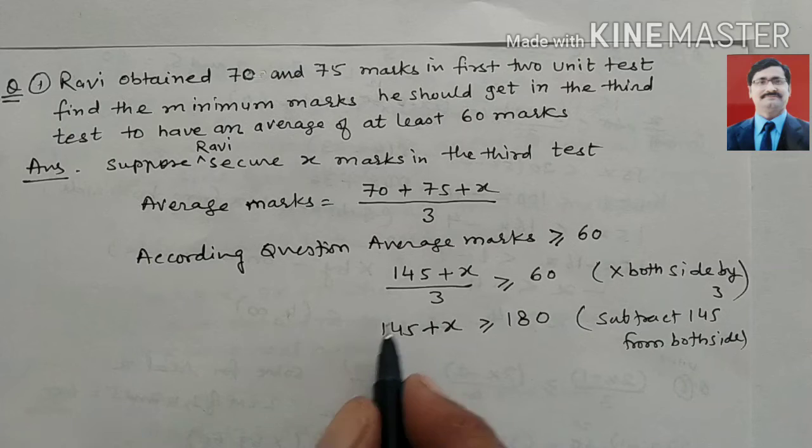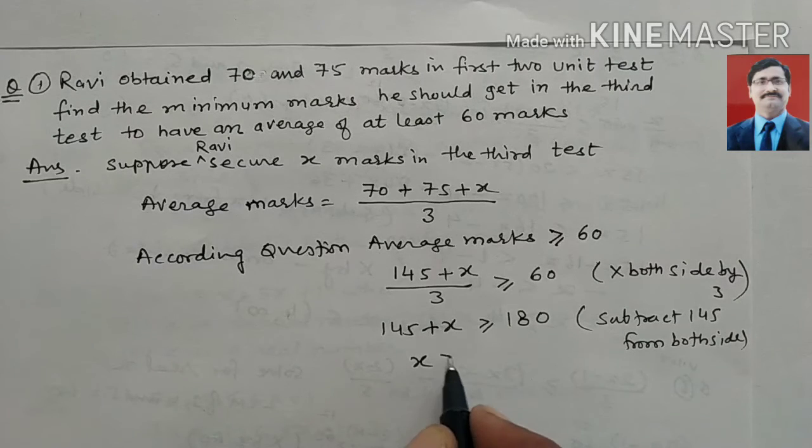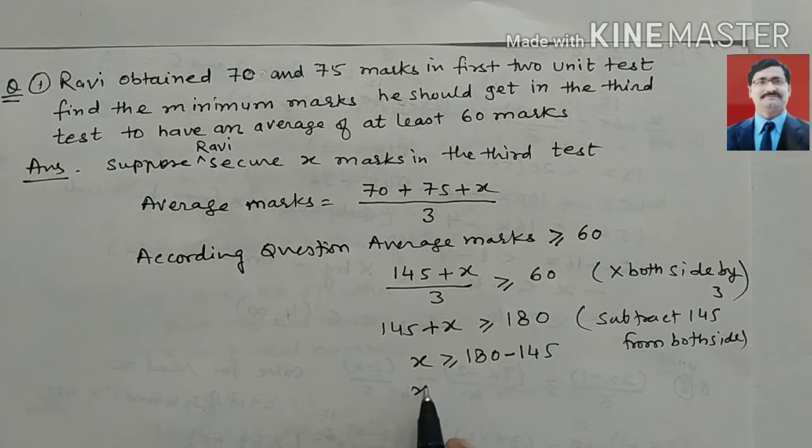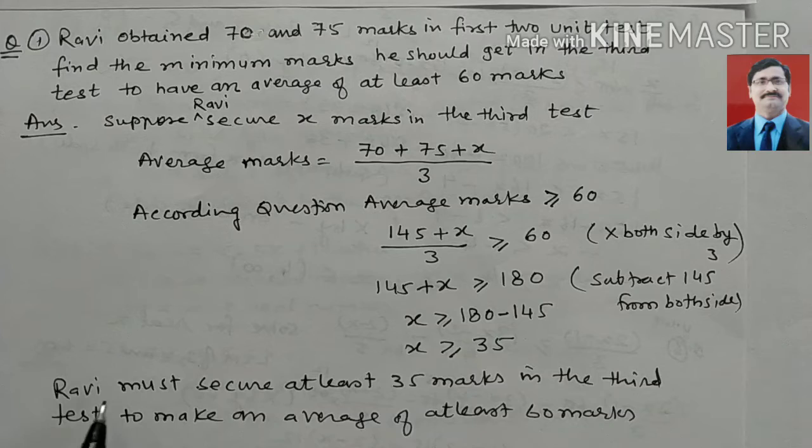Look here, 145 we subtract, this will cancel, we get x greater than or equal to 180 minus 145. So here we get x is greater than or equal to 35. So we can write: Ravi must secure at least 35 marks in the third test to make an average of at least 60 marks.